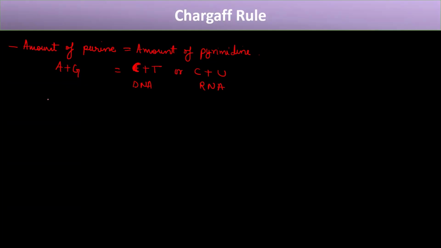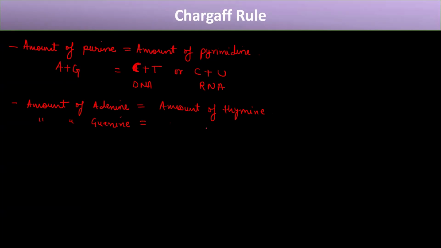Okay. The second thing is amount of adenine, because we know adenine is pairing with thymine, right? So amount of adenine equals to amount of thymine, if it is DNA. And if it is RNA, it will be equal to amount of uracil, right? Now, amount of guanine. We know guanine pairs with cytosine.